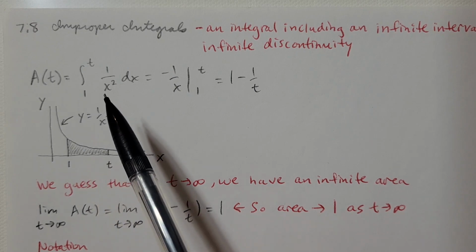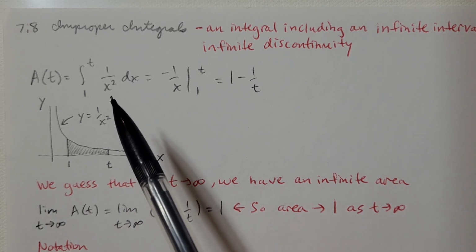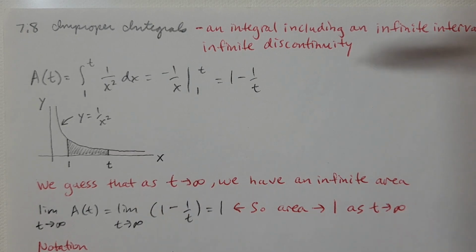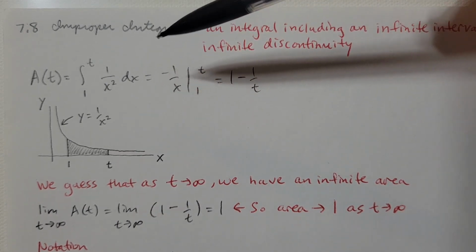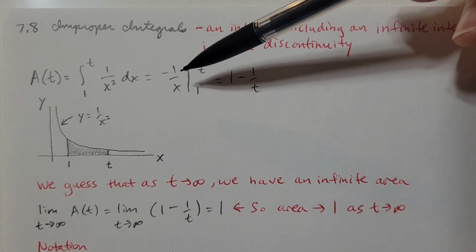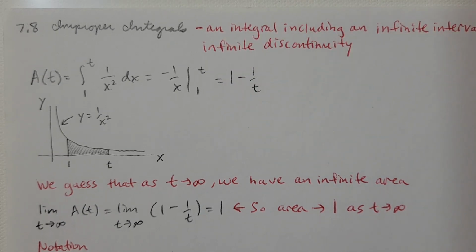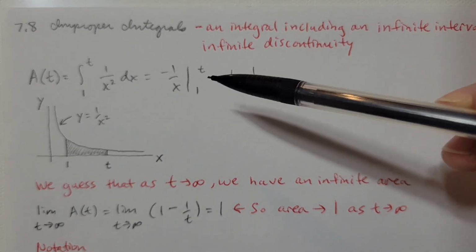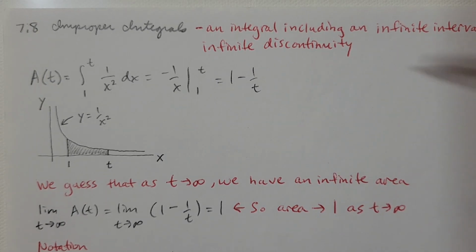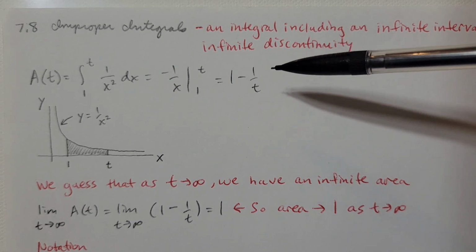Then the area will be where I integrate 1 over x squared going from 1 to t, and the antiderivative of x to the negative second is x to the negative first divided by negative 1, or negative 1 over x. I'm evaluating that from 1 to t, and when I plug in my bounds there, I got negative 1 over t minus a negative 1, so that's 1 minus 1 over t.